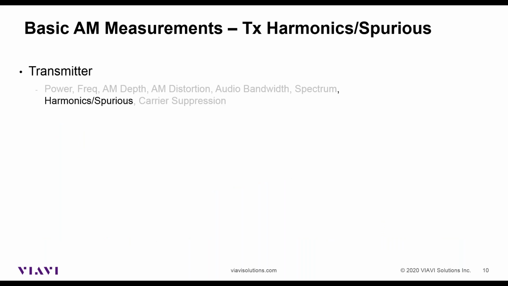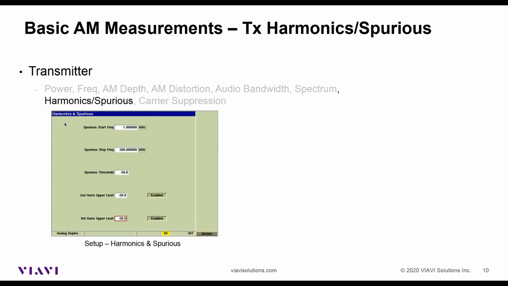Now, if I want to look at harmonics and spurious, for example, which could be part of the spectrum measurement, we have an application on here, funnily enough, called harmonics and spurious. I can set the sweep start and stop for the spurious measurements.